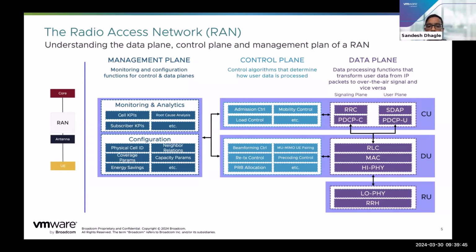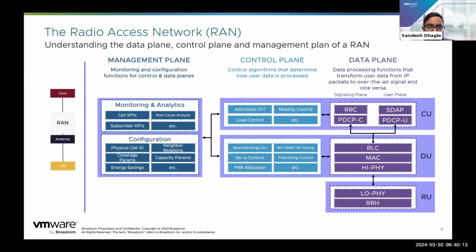So all of this software, until Open RAN was introduced, would be tightly coupled in hardware in a closed box and would be shipped to the CSPs. So there was very little scope of optimizing any of these components, plus there was no way of changing any of this, right?